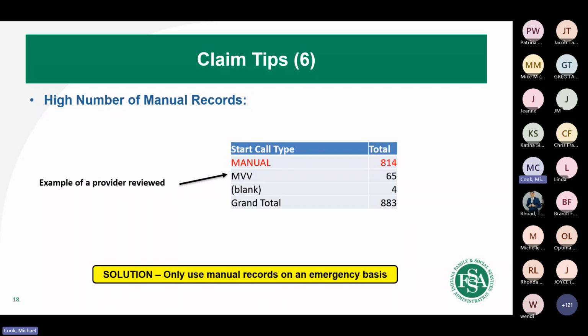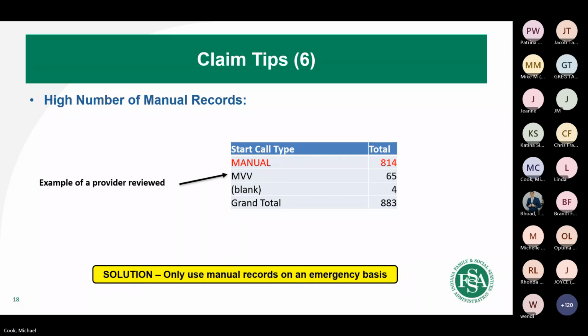Another tip that we like to provide to providers is to watch out for a high number of manual records, of EVV records being captured. In this particular example, a report was run for a 1 month period to show that the vast majority of their records were coming across as manual. Now, this is not something in terms of turning on the edits now and enforcing the EVV requirement.